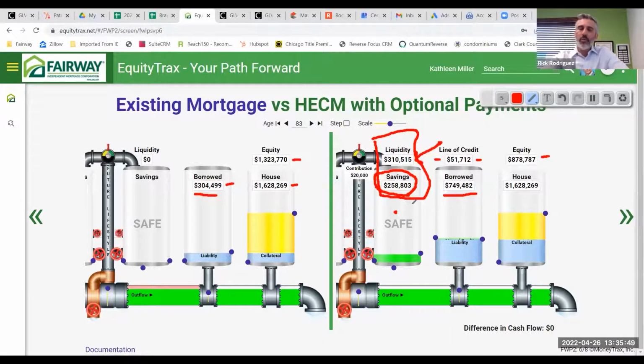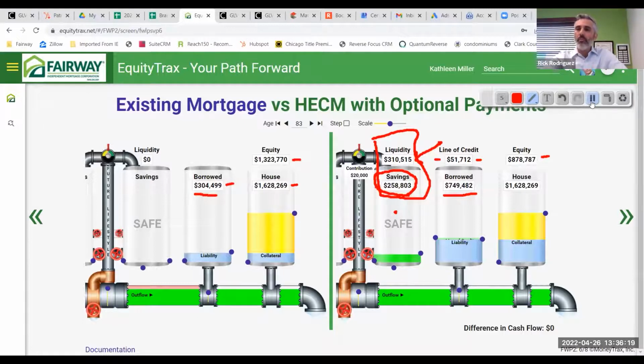Instead of going towards a mortgage and real estate, they're redirecting that cash flow to their nest egg, to their savings accounts, again, earning an average rate of return of 5% over this time. So in this example, again, with the optional payment feature of the reverse mortgage, you can now take that cash and create greater liquidity and greater savings by having the reverse mortgage option.